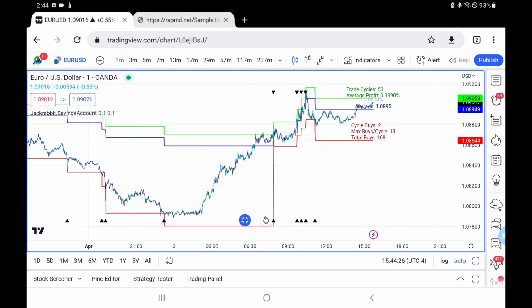Today I'm going to talk about using Jackrabbit TV with Oanda. Now recently I've been focused heavily on Oanda using the grid bot I built. But that doesn't negate the power and perseverance that Jackrabbit TV offers. It is still a significant tool in my arsenal and one that should not be underestimated.